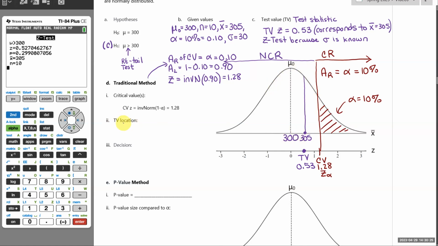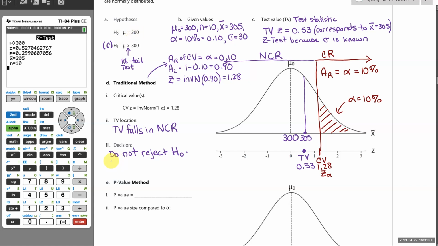We say, where is our test value? So if our test value falls in our non-critical region, so my unshaded region, then we would say we fail to reject the null, or we say we do not reject the null hypothesis, which is H naught. So the language is always, do we reject it like we did last time, or do we fail to reject it, or don't reject it?